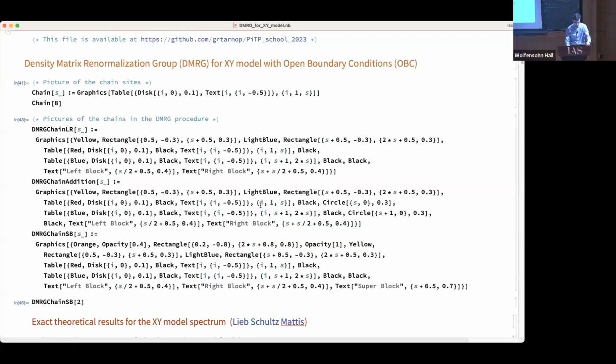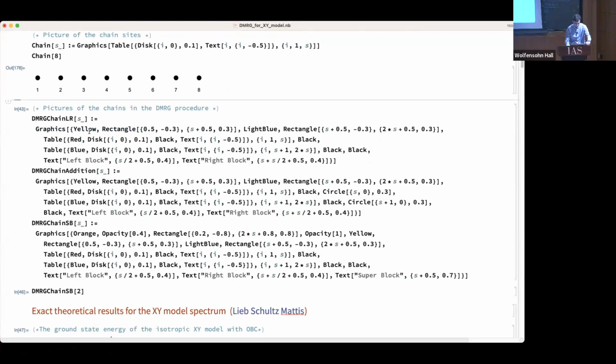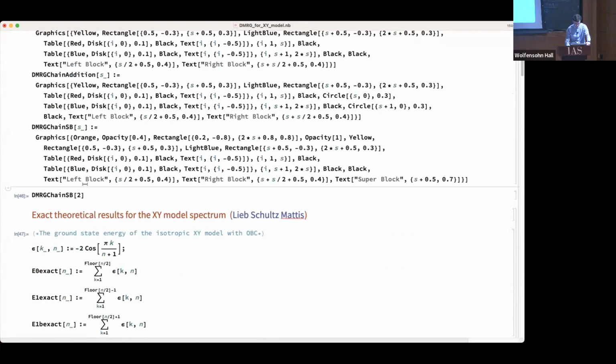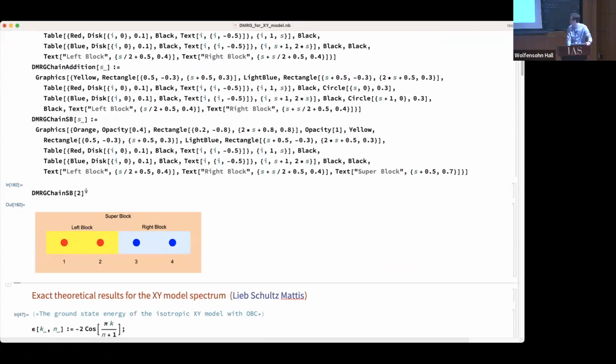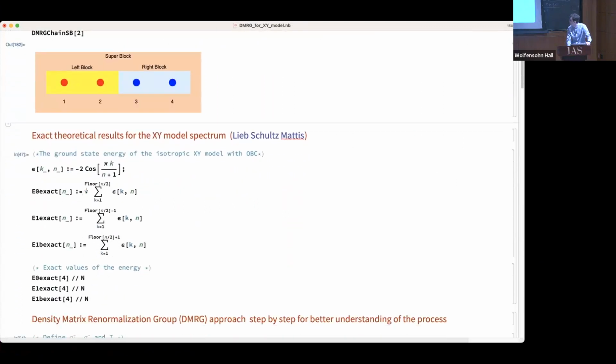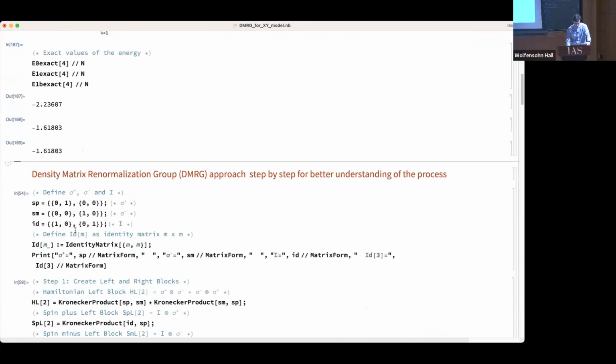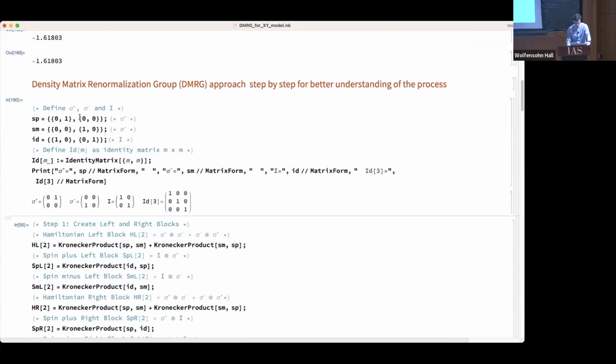All right, so that's now the DMRG, and again there are some functions to draw your spin chain like this. Here again, the exact solution. And now let's see step by step how it works.